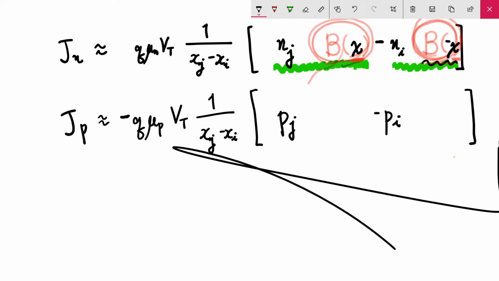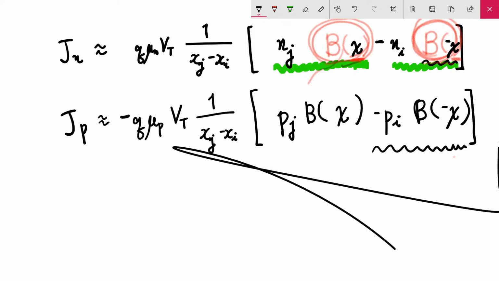Yes, now we can introduce a certain Bernoulli function and a certain Bernoulli function. And let's assume that we introduce the same argument like this. Then what will happen? If we adopt this form, then obviously once again when we have a positive chi, this one will survive just like in jn.